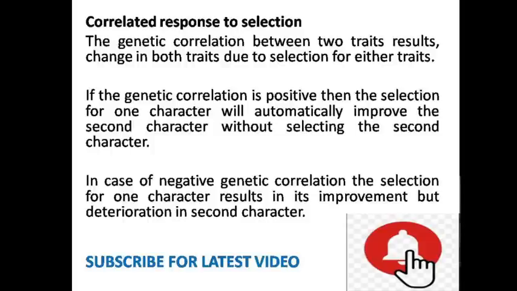If the genetic correlation is positive, then the selection for one character will automatically improve the second character without selecting the second character. In case of negative genetic correlation, the selection for one character results in its improvement but deterioration in the second character.